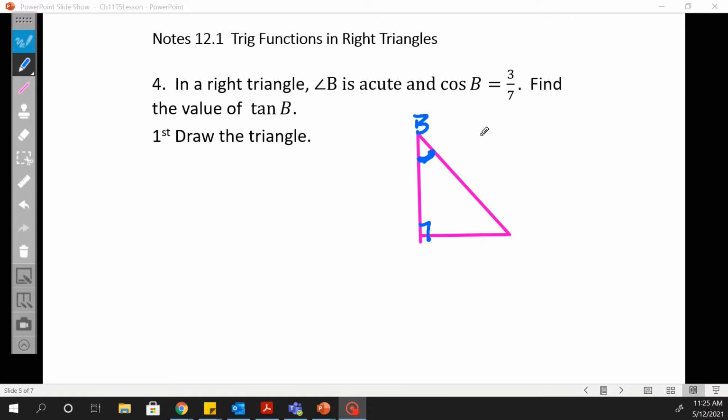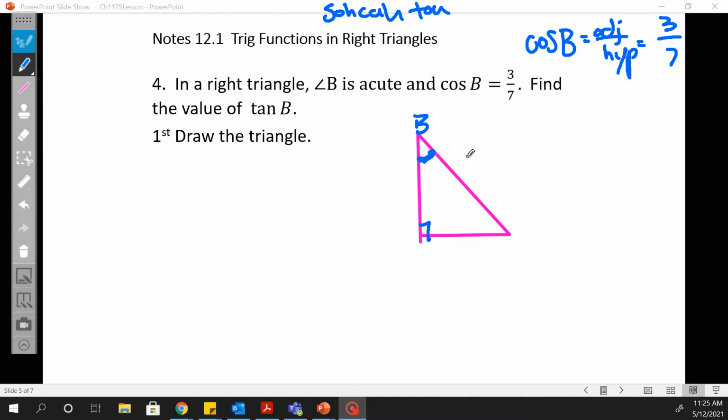Okay, so we know that cosine of B, which is cosine, so CAH is adjacent over hypotenuse. So we know that the cosine of B is 3 over 7. So the adjacent, let's label this. So this is opposite, this is adjacent, this is hypotenuse. So the adjacent side is 3, the hypotenuse is 7. So we're missing the opposite side.